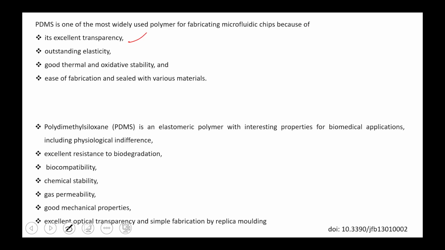Outstanding elasticity, so we can stretch it. Good thermal and oxidative stability, it will stand high temperatures around 400 to 500 degrees Celsius. Ease of fabrication and sealing with various materials, so we can fabricate devices on PDMS easily and seal with various materials.